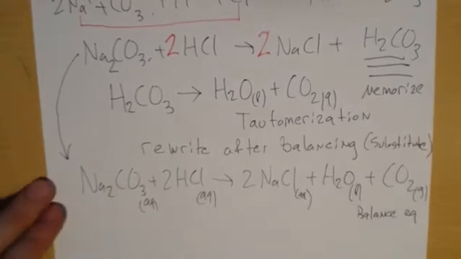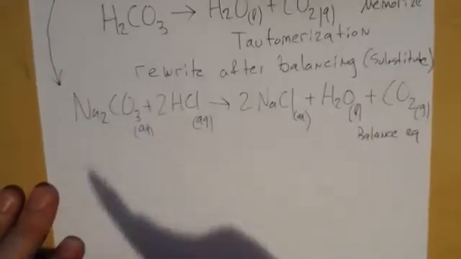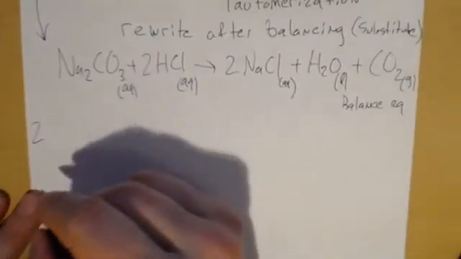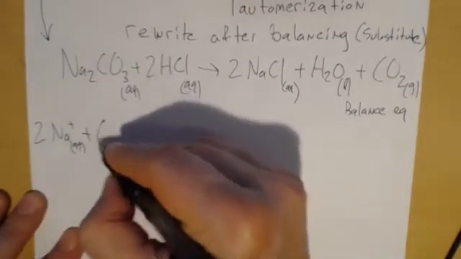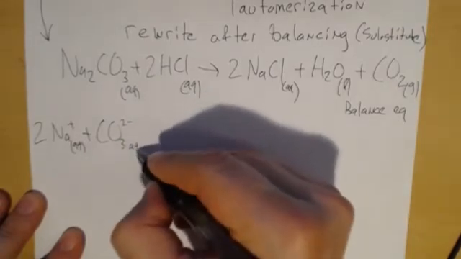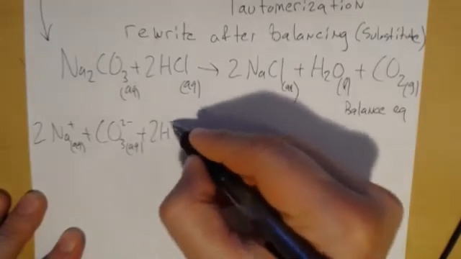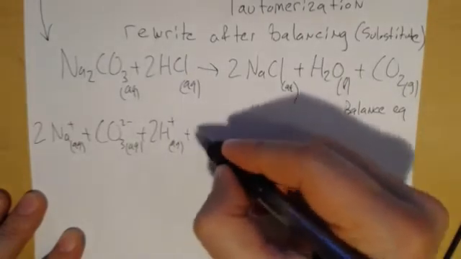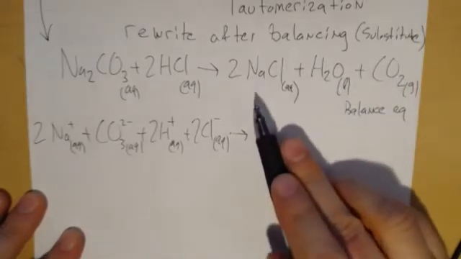Now I want to write the total ionic equation. So let's continue. This is where I'm going to break it apart. So I have 2 sodiums, 1 carbonate. So that's going to be 2 sodium ions aqueous plus carbonate, 2 minus aqueous, plus 2 hydrogen ions, 2H plus aqueous, plus 2 chloride ions, 2Cl minus aqueous, that's the reactant side, goes to, this is aqueous, right?